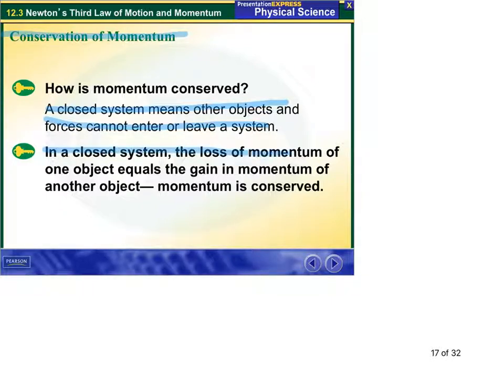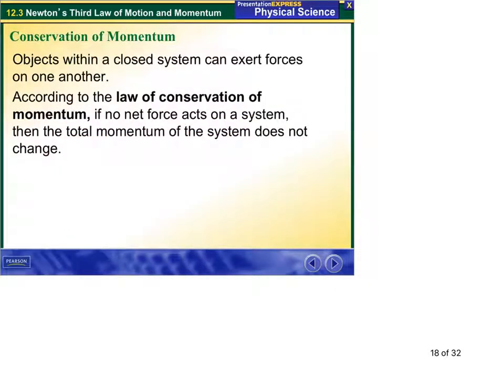And in a closed system, the loss of momentum of one object equals the gain of momentum in another object. Momentum is conserved. Objects in a closed system can exert forces on one another. And according to the law of conservation of momentum, if no net force acts on a system, then the total momentum of the system does not change.